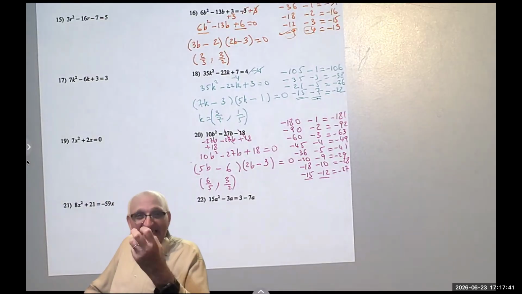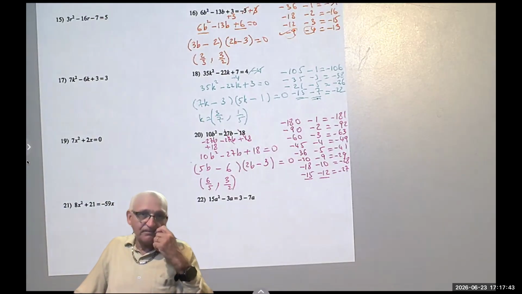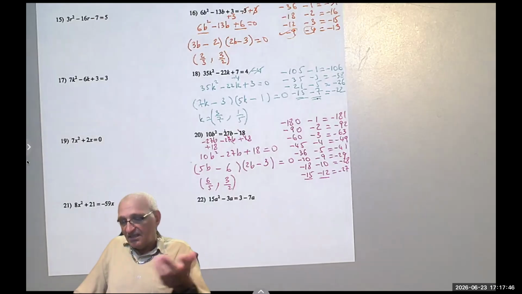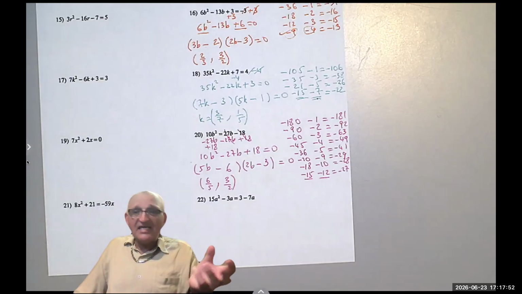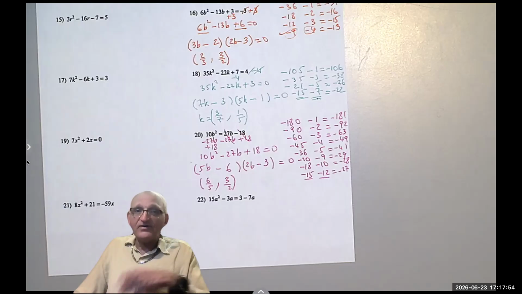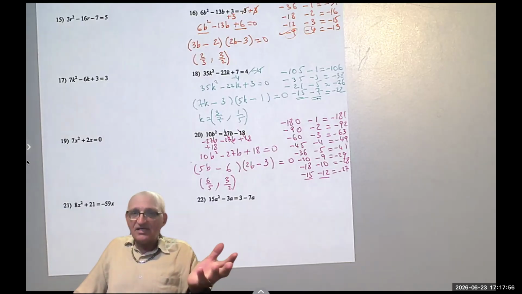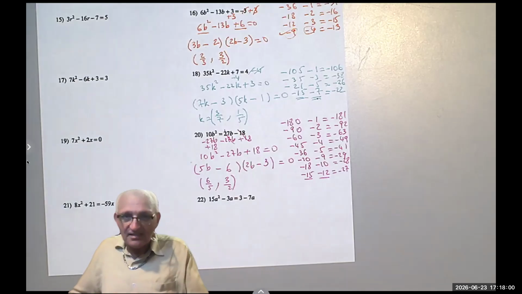And you can see that it can become really tough. And maybe if it's that hard, we may try to do those using completing the squares. And if completing the squares is tough, we use the quadratic equation that would give me the answer no matter how complicated it is.